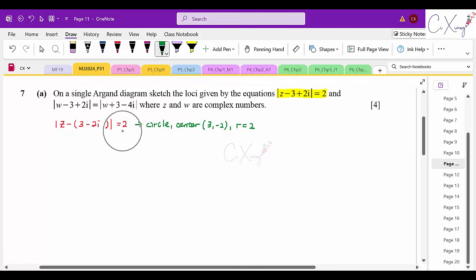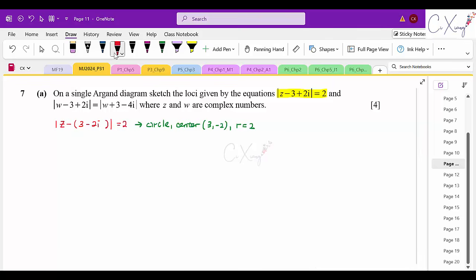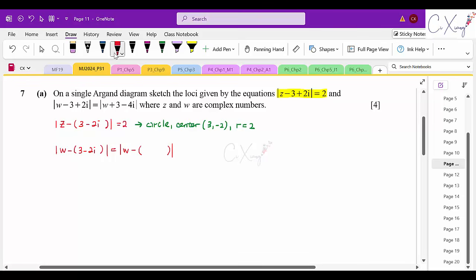Then for the second locus, we have w minus a complex number equals w minus another complex number. So if I take it out, it will be 3 minus 2i, and for this one it will be negative 3 plus 4i. Basically, this is a perpendicular bisector.